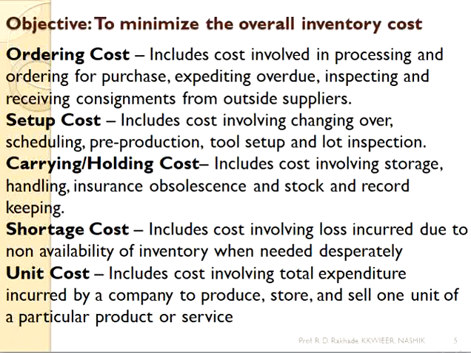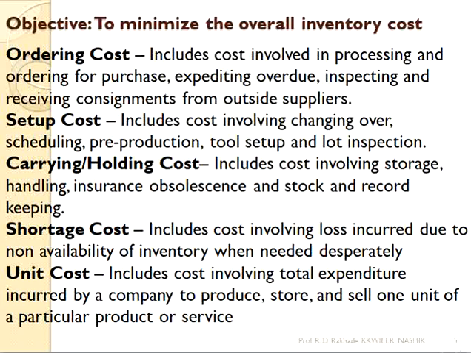The following terminology is used in inventory cost. First is ordering cost. Ordering cost includes processing and ordering for purchase, expediting overdues, inspecting and receiving consignments from an outside supplier, or what we call a vendor.